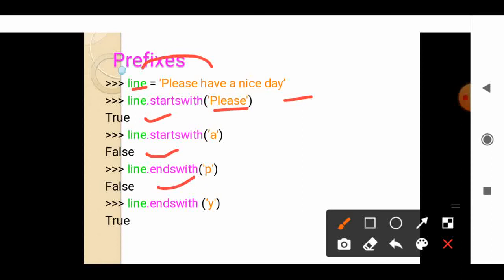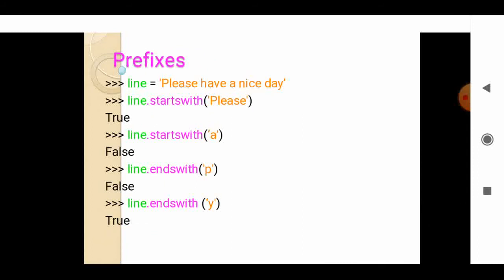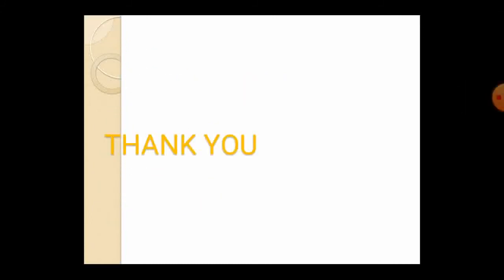Line dot ends with y, yes, the string ends with y, so it will display the result as true. The starts with function checks from the string start. The ends with function checks the values from the end. This is called the prefix starts with and ends with function.